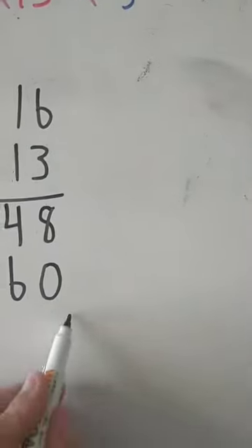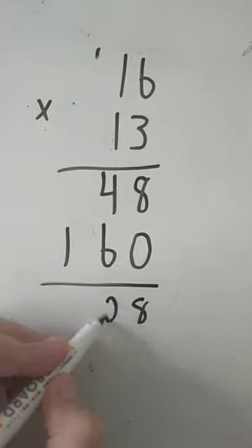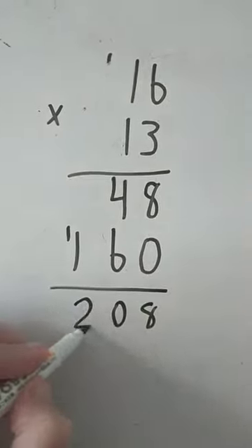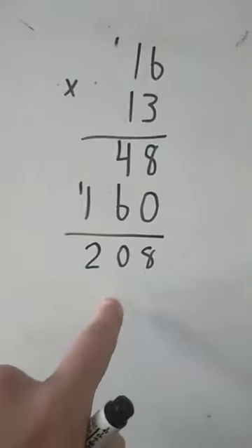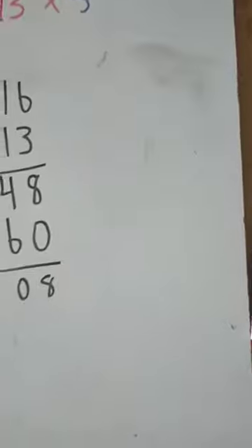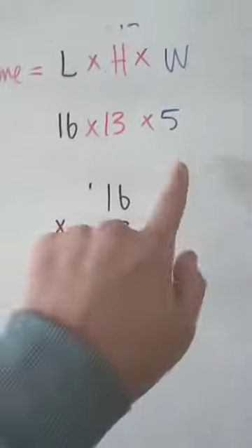Now I've got to add them together. 208. So 208 so far, then I need to multiply that whole thing by 5, by this one.